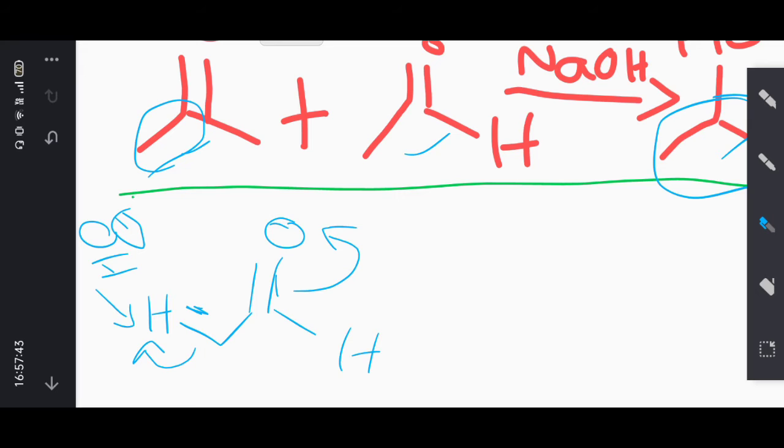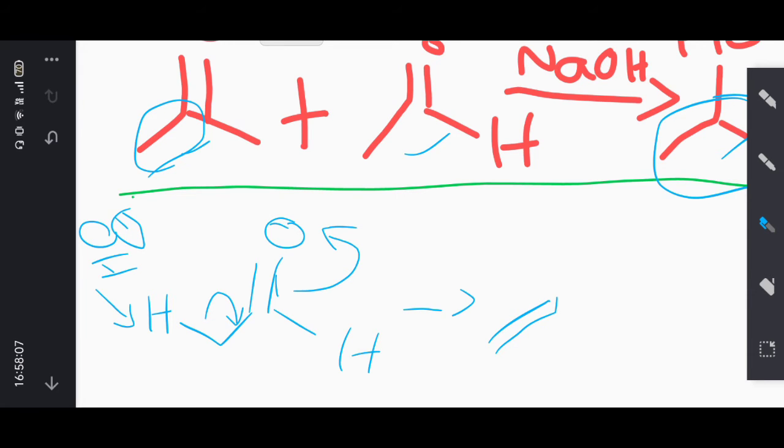Since the carbon is more electronegative, it pulls the electrons towards itself, and the hydrogen leaves as H plus and OH minus. So H plus and OH minus forms what? Water.